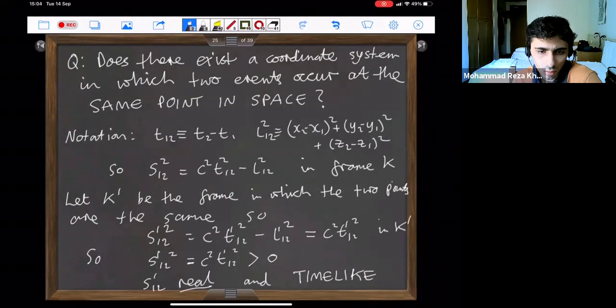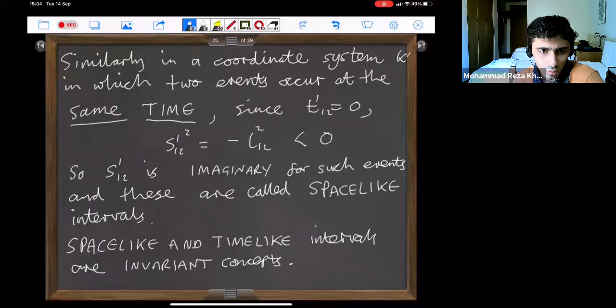And these separations are called time-like separations. Okay, just a name that we use. Similarly, if you do the opposite, you can ask about a coordinate system K prime in which two events occur at the same time. So they occur at the same time, but at different points in space.